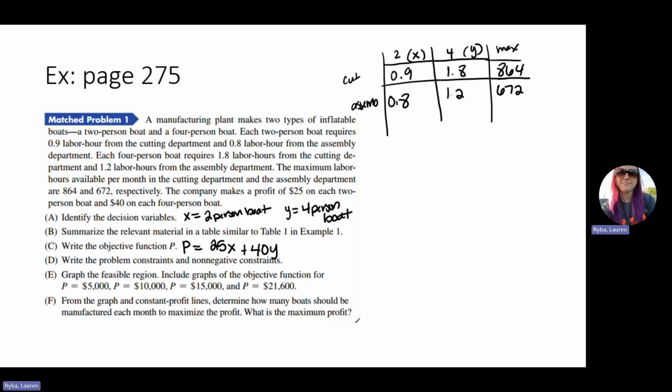So for D, when it says write the problem constraints and non-negative constraints, so that just means all the inequalities that relate to this problem. So if I look across this first row here, I have 0.9x plus 1.8y, my maximum, so less than or equal to 864.